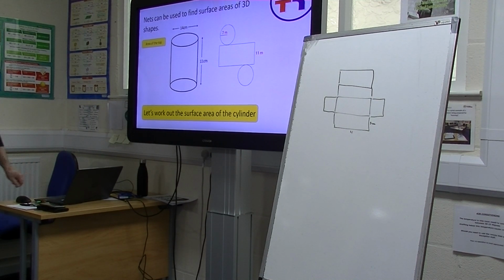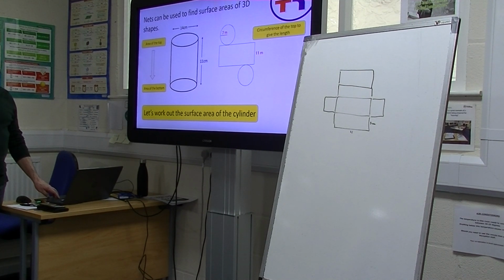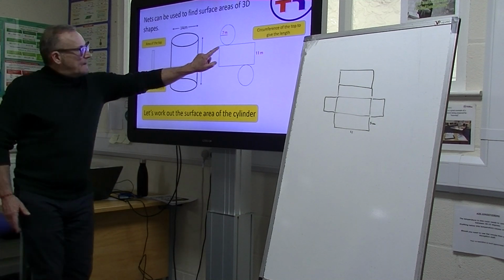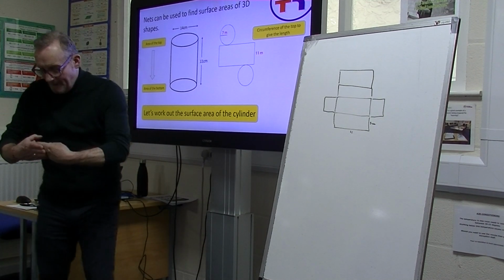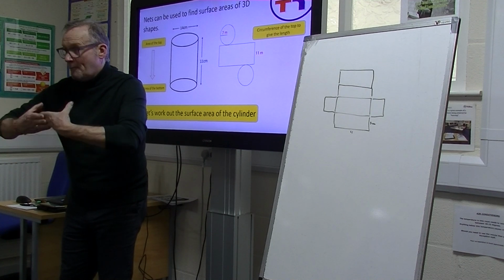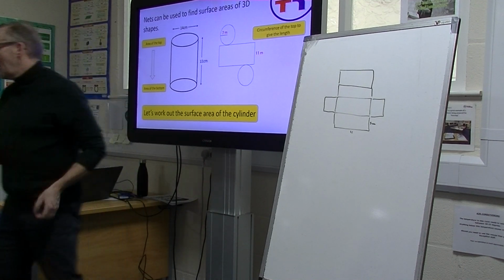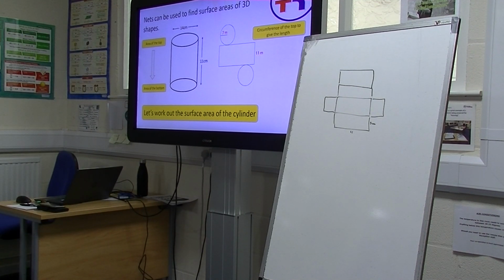So we worked out the area of the top, pi 3.14 times 7 times 7. Then we work out the area of the bottom, which is the same as the top. The circumference of the top gives the length here.